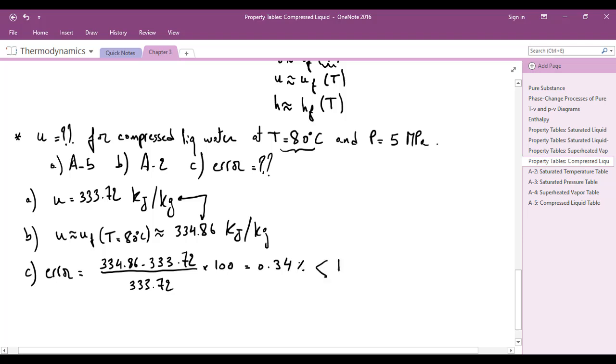So you have an error which is less than 1%. So using table A2 for compressed liquid data is accurate also.